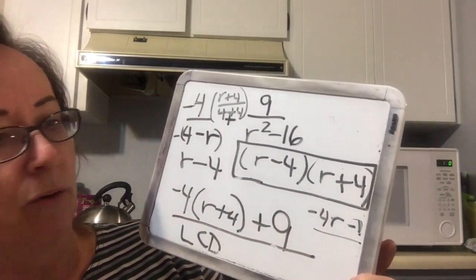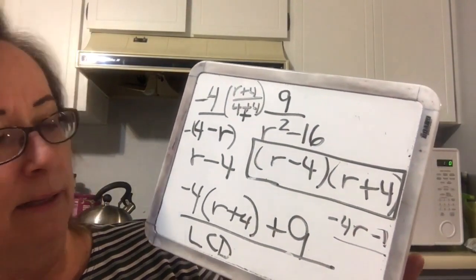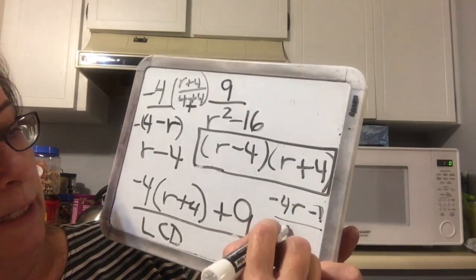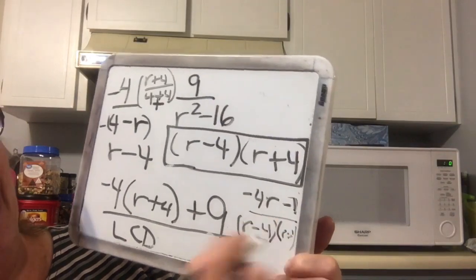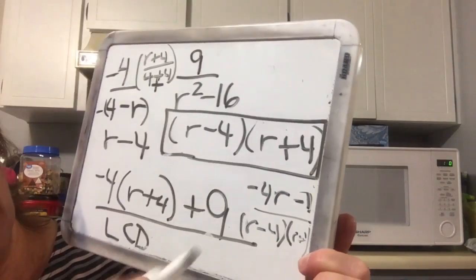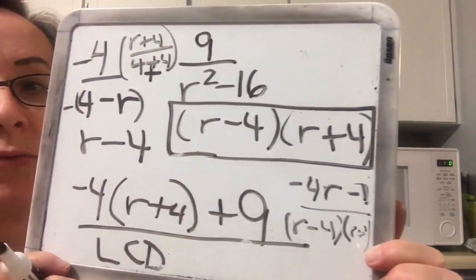Okay, and so when I finish that up, I get negative 4r minus 7 over r minus 4, r plus 4. And we'll pretend that I wrote that out. Okay, so negative 4r minus 7 over r minus 4, r plus 4.